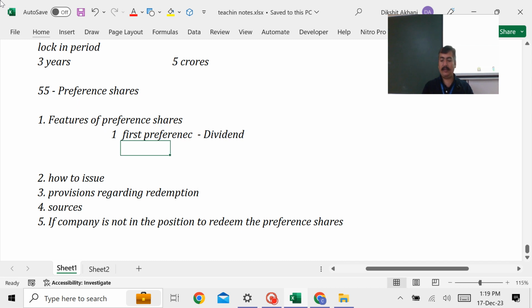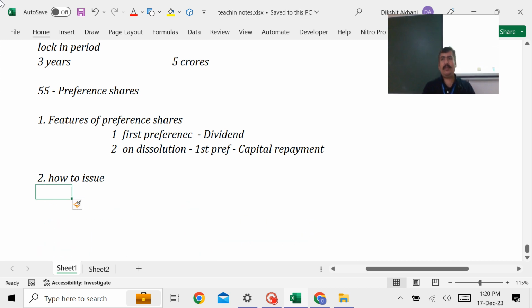And second feature is on dissolution. First preference on capital repayment. So when you find these two conditions in the agreement, even if the heading is not mentioned, you will assume this as what? Preference shares.